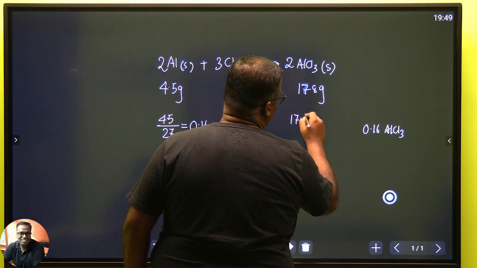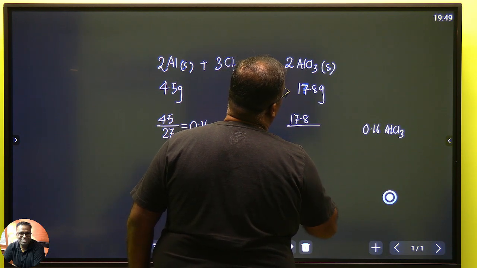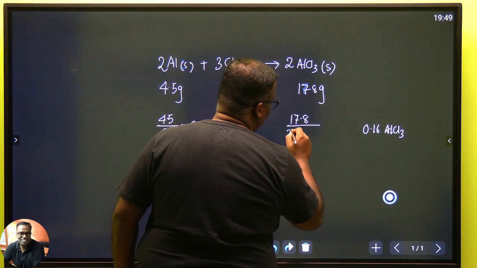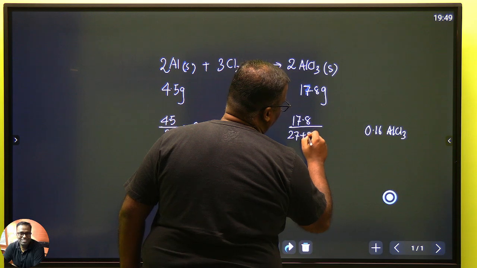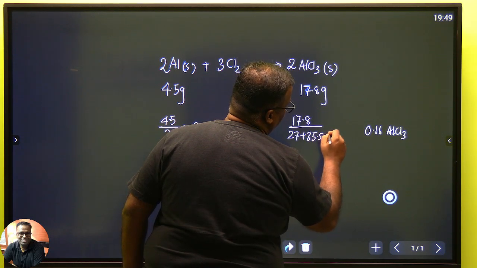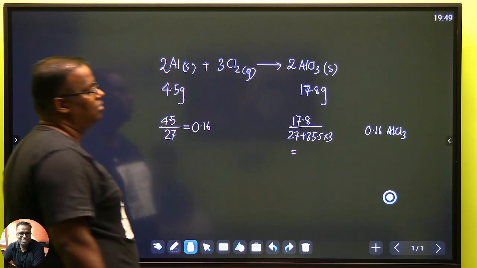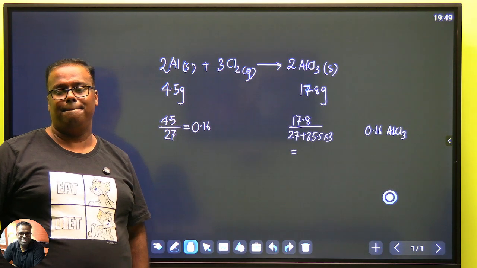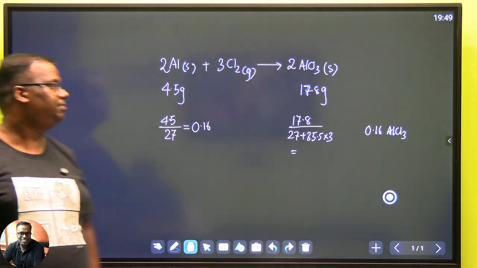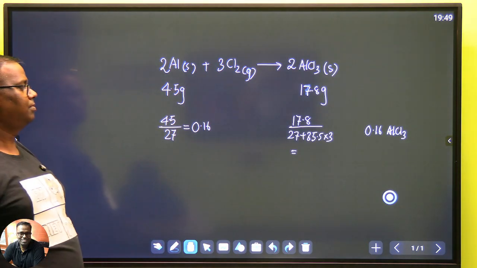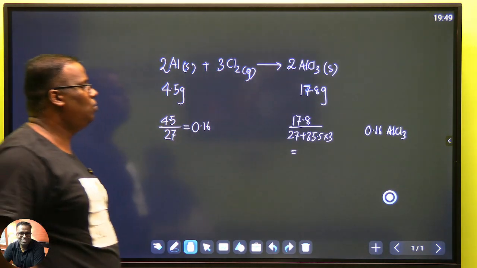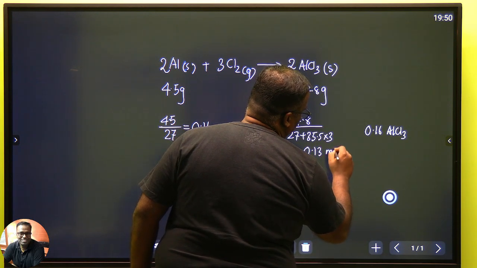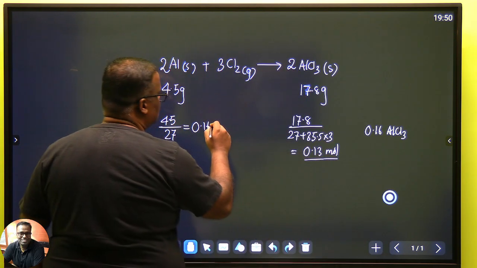Do this calculation. 17.8 divided by aluminum कितना है तुम्हारा? 27. And chlorine is 35.5 into 3. बताओ ये कितना आया? Check. 0.13. 0.13 moles. Madam Ashmita, do you see the difference now?